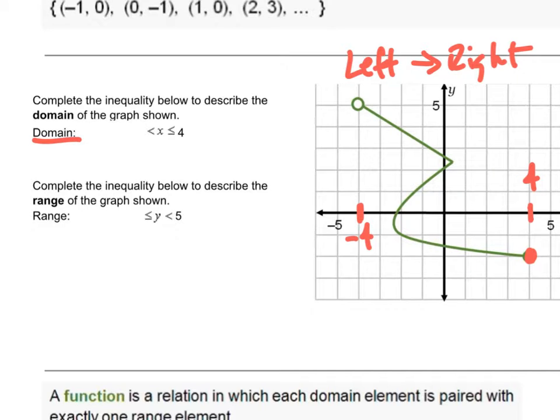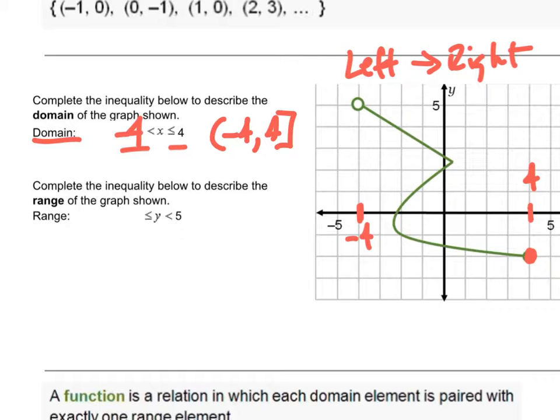So I would say that my domain starts at negative 4 and then it goes to positive 4. That's where I have x values. In between these two numbers is where I have points on the graph. If I wanted to use interval notation, I would go from negative 4, comma, to positive 4 and include 4, okay?